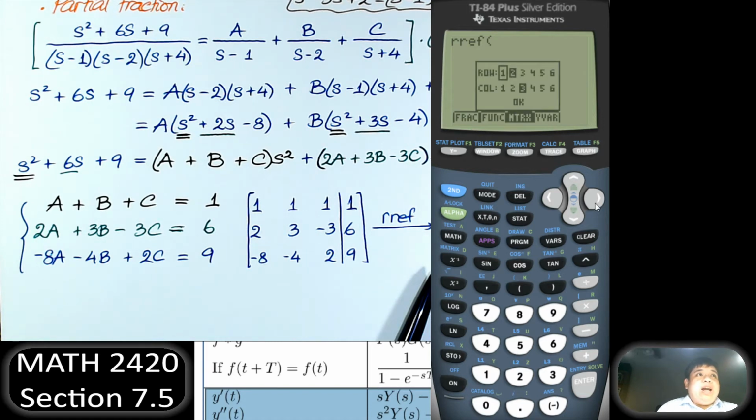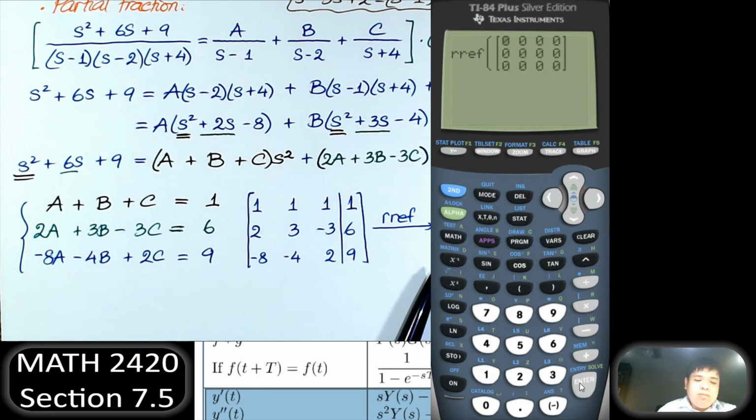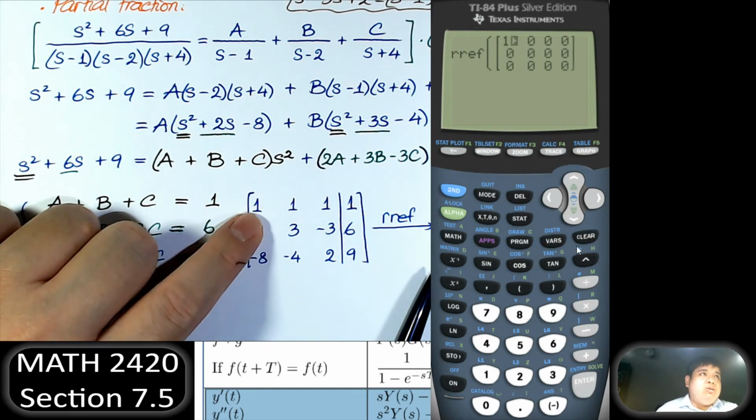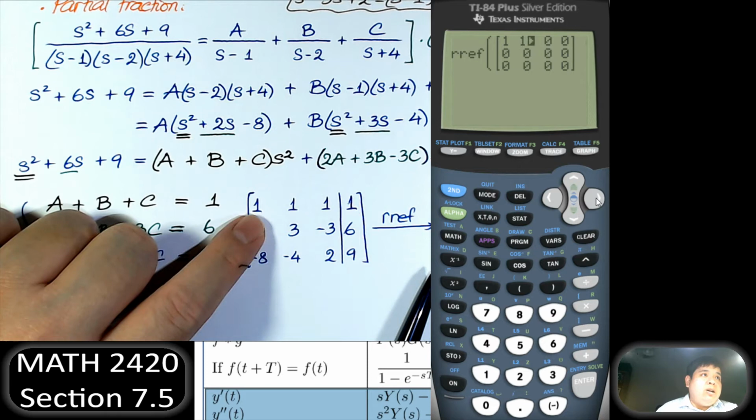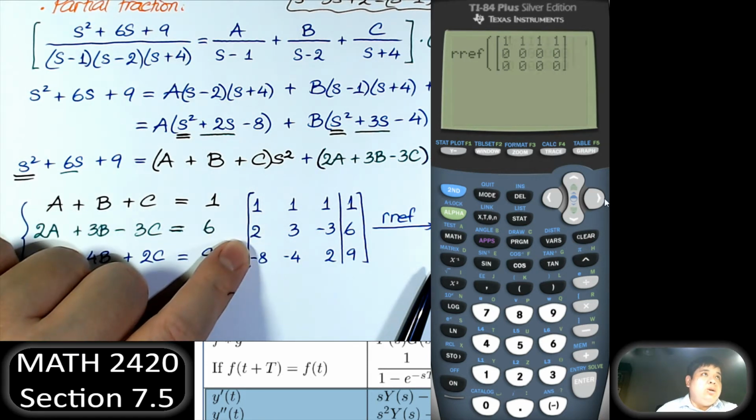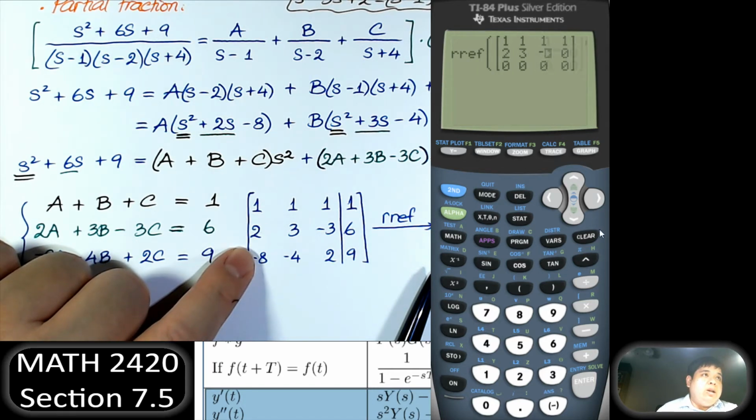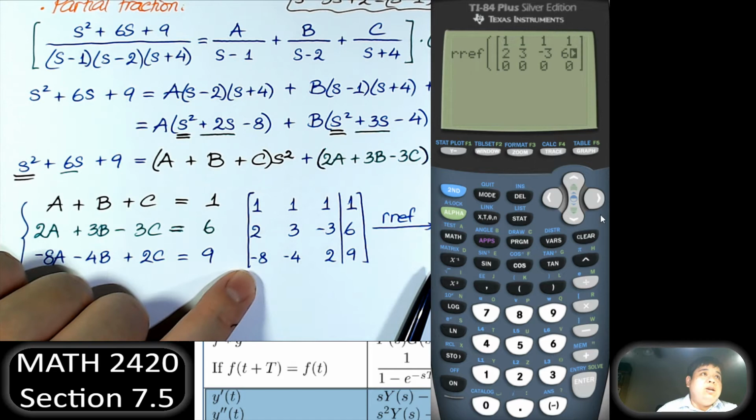If your calculator cannot do this, then we have to store the matrix first. Of course, I did that in the previous section too. Right, I actually do that now too: 1, 1, 1, 1, 2, 3, negative 3, 6.